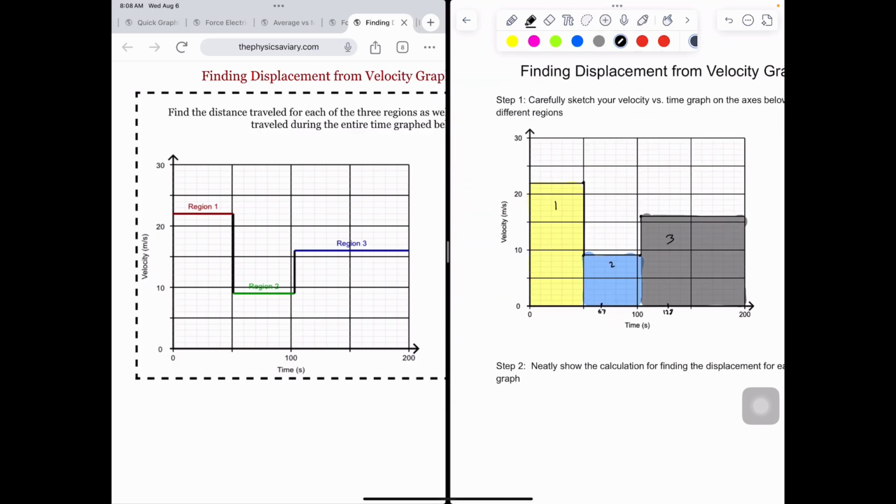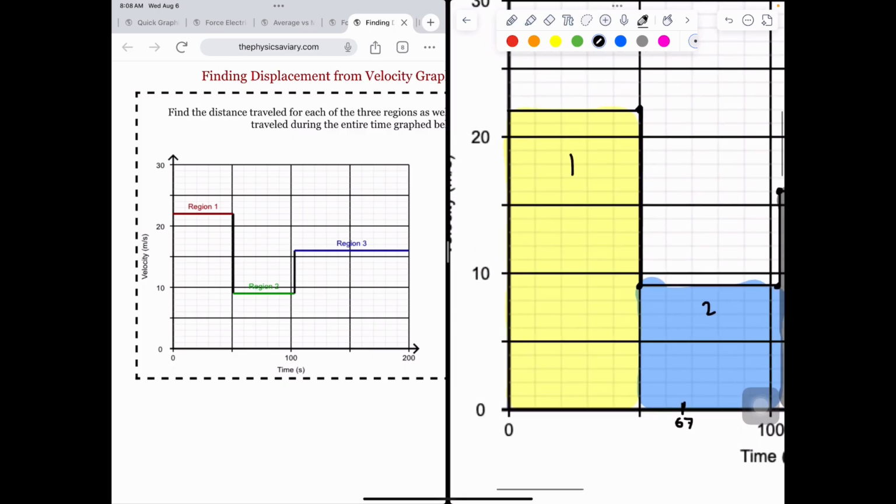So all of these are rectangles. The area, of course, is base times height, or length times width, whichever you prefer. So find the height for each one of them. I think that's going to be the easy part. The base is going to be a little bit more involved in some cases.